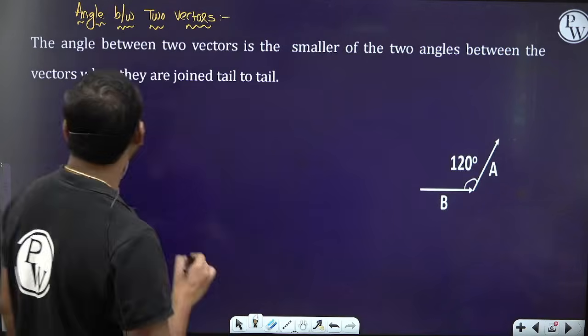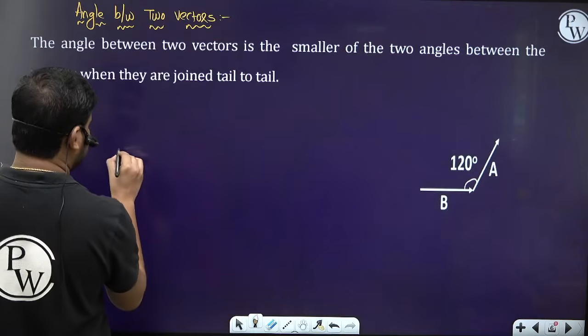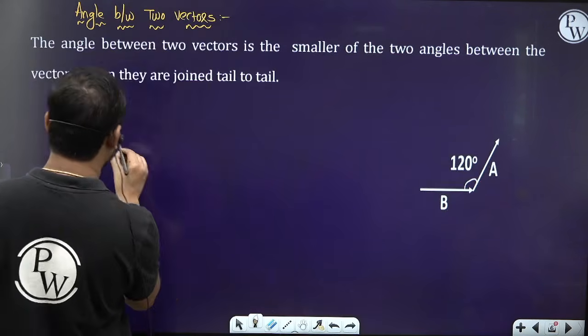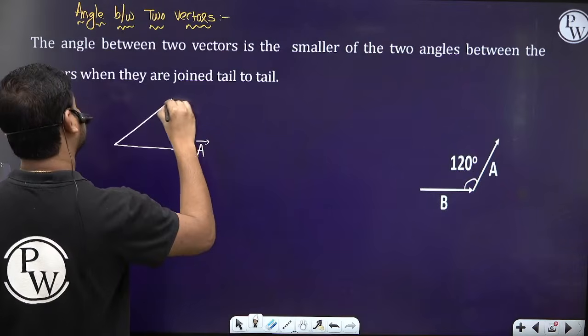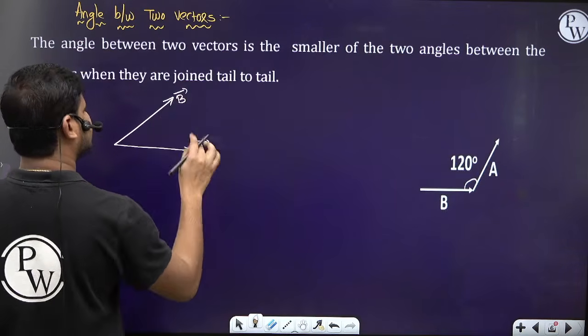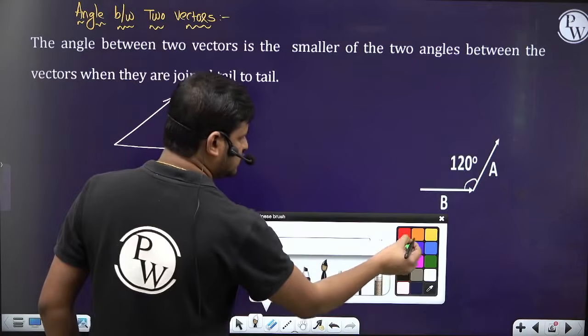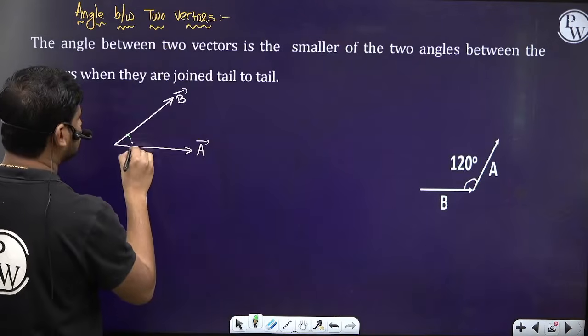I'll explain by an example. For example, there is a vector A and a vector B. Let's say the angle between these two vectors is 60 degrees.